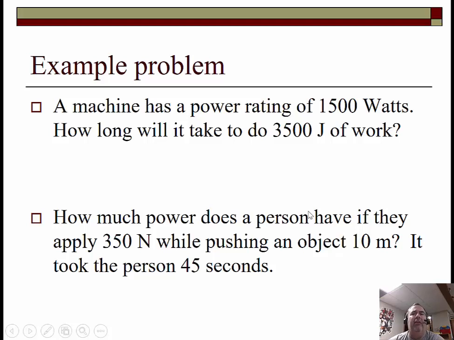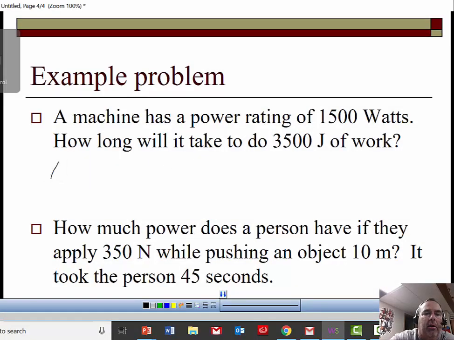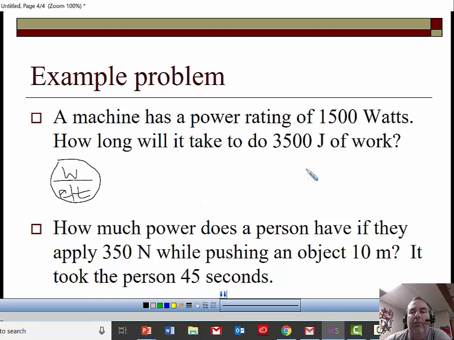So it says here we have a machine that has a power rating of 1500 watts. How long does it take to do 3500 joules of work? So if we look at this equation and our circle equation of work, power, and time. Okay, so that's supposed to be a P there. So when I look here, how long? I'm trying to find this one right here, the time.